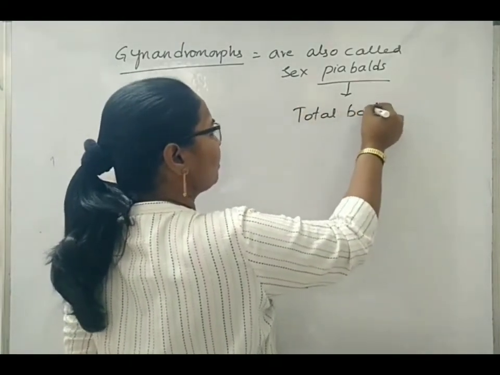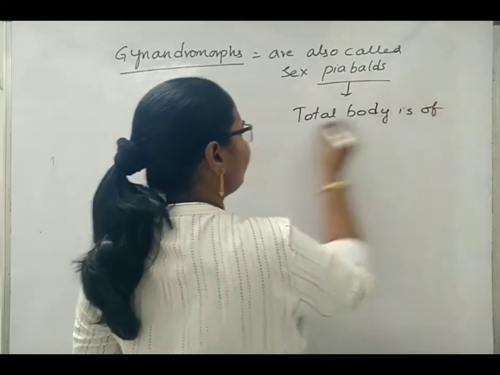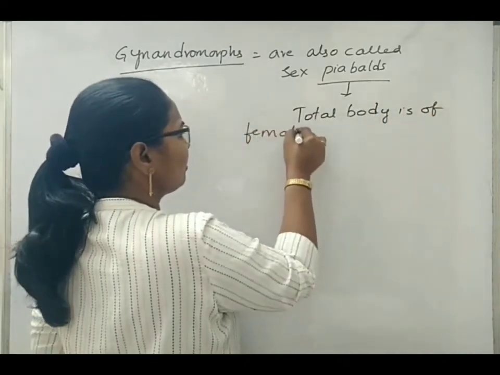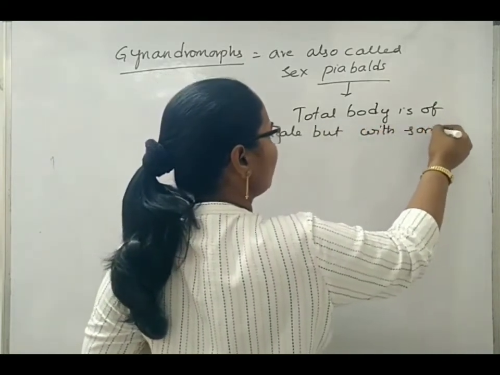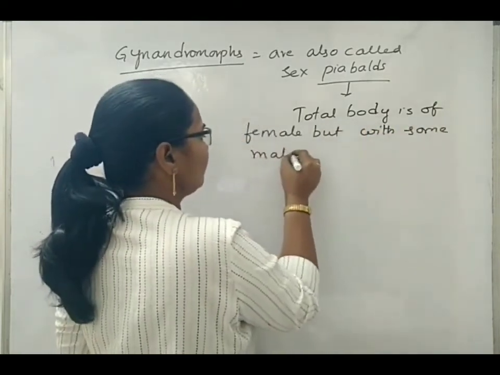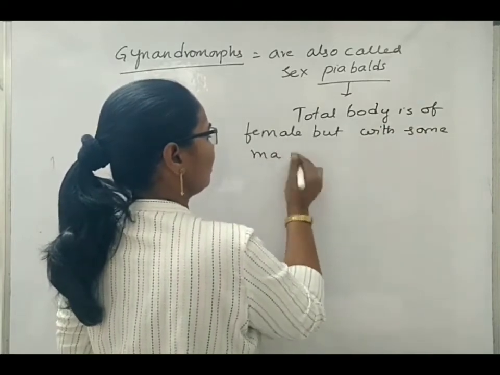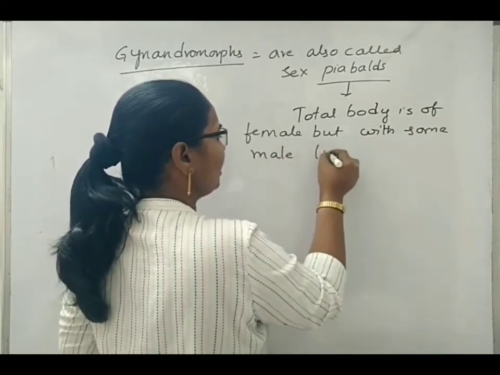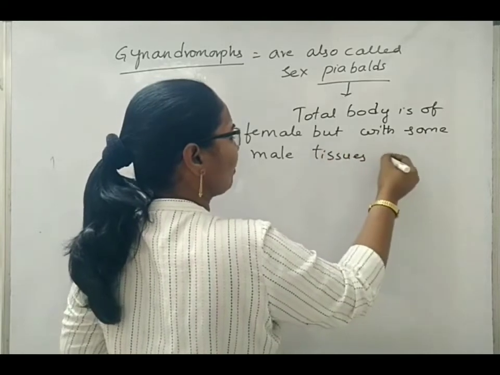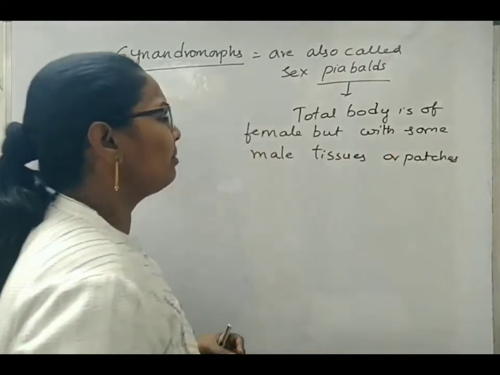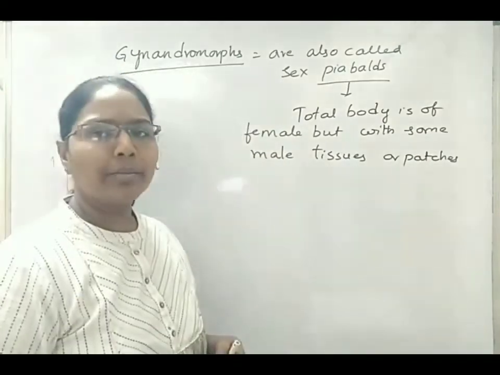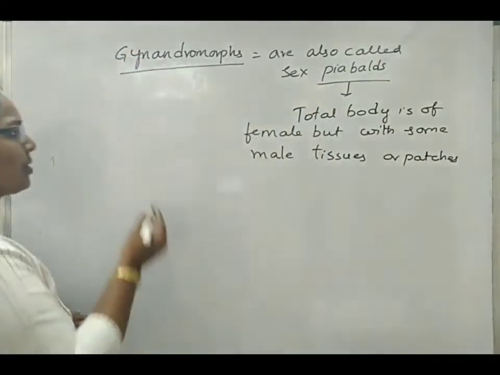Total body is of female but with some male tissues or patches. Means complete male reproductive structures or something will not be developed in such type of organisms.